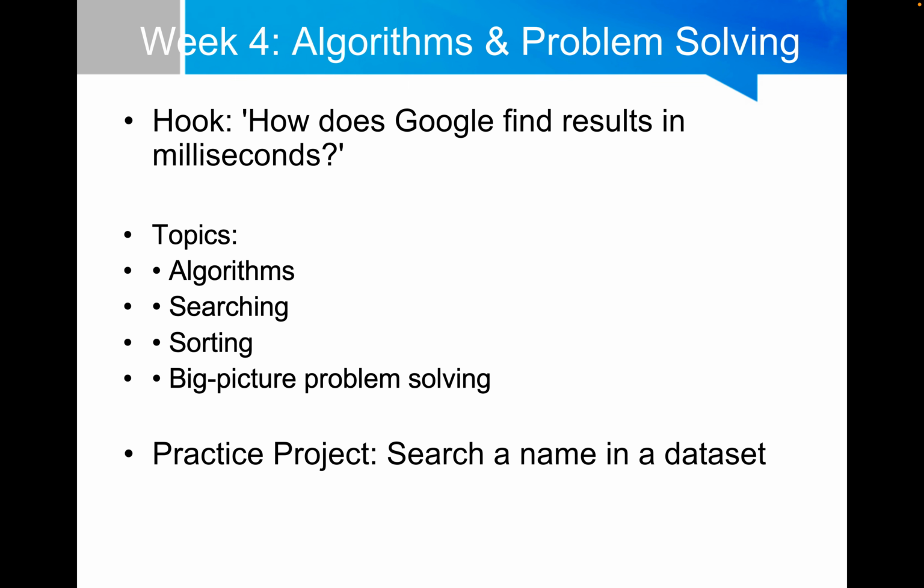Pseudocode is writing out your algorithm in plain English before translating it into actual code. Then edge cases is thinking about what could go wrong. What if the user searches for a name that does not exist in our data?